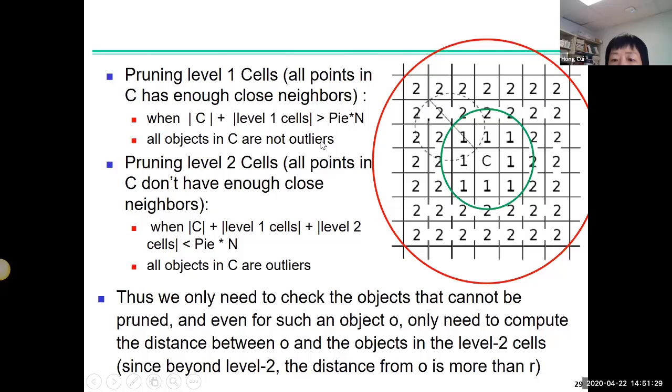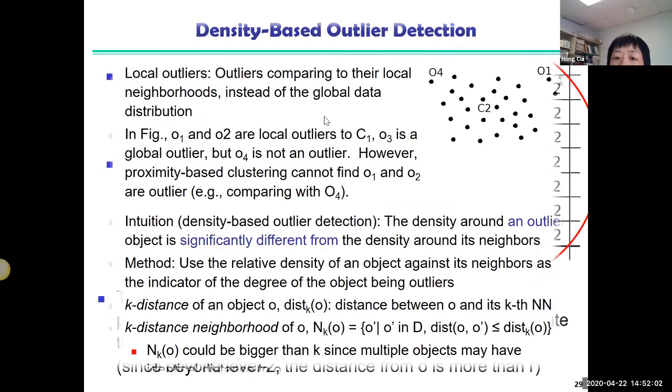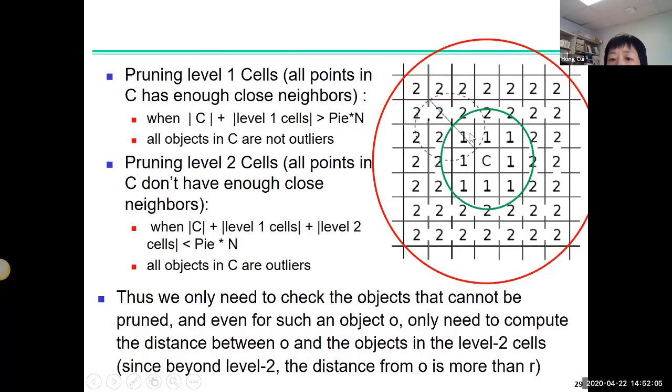We can process these data points cell by cell, not data point by data point. If the number of points within C and its level 1 cells, all the data point counts added up together, is greater than that threshold pi that we defined earlier, the proportion of the data within this R neighborhood, times n, then all the objects in C are not outliers, because they have enough points surrounding them within their R neighborhood.